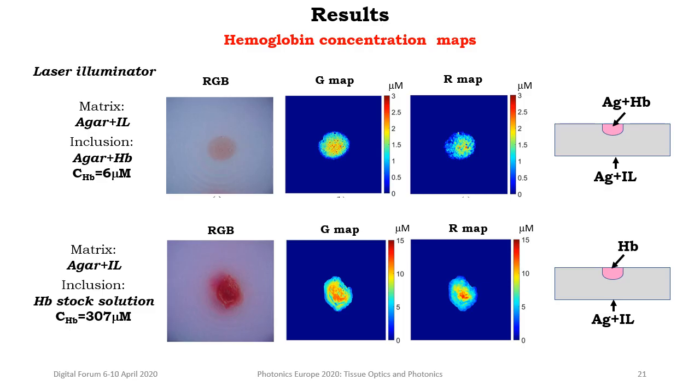The concentration of the hemoglobin in the hemoglobin agar solution was 6 micromoles, in hemoglobin water solution 307 micromoles. The maps show that the calculated concentration in the first case does not exceed 3 micromoles, and in the second case does not exceed 15 micromoles.